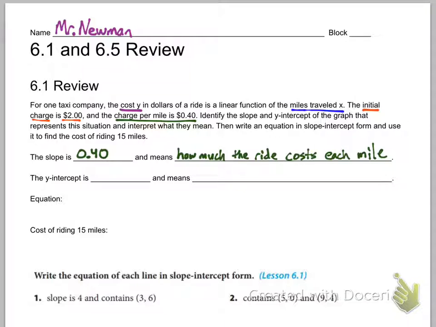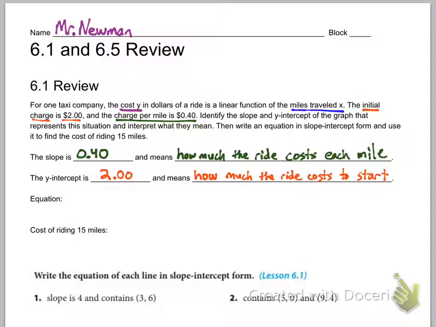For the y-intercept, that's our initial value, so that's $2, and that means how much the ride costs to start. So before you drive anywhere, as if you sit inside of a taxi, it costs $2 just to get inside the taxi.